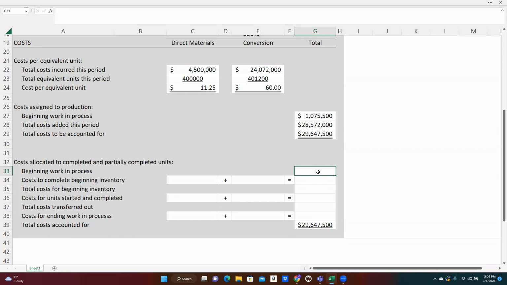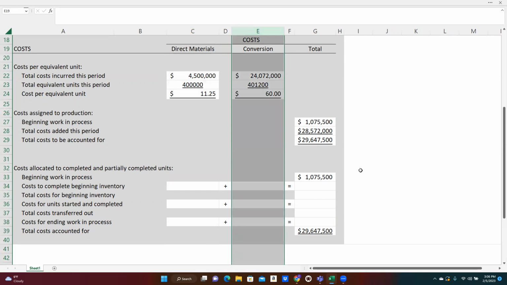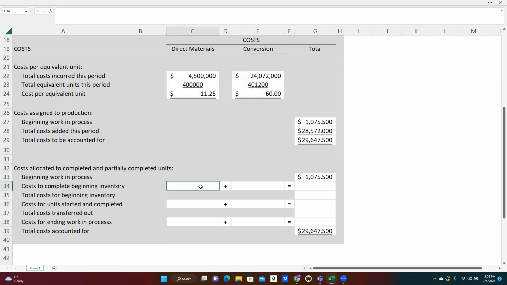So the whole point is we know how much cost went in there. We now need to, in this final step, say, okay, where are they now? What happened to them? So beginning work in process, again, given to us in the T account, $1,075,500. The cost to complete. Now I want you to notice that this column C is for direct materials, and this column E is for conversion costs.